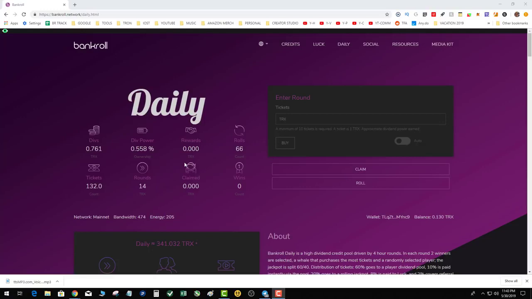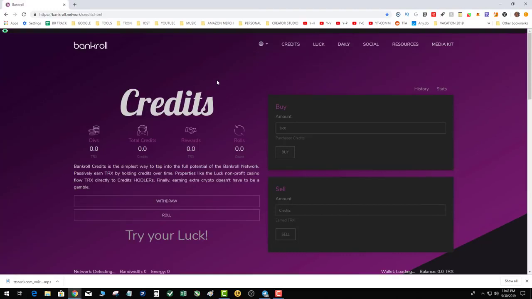As you know, the backbone of the entire Bankroll network is credits. Credits are the HODL gang DApp div that pays divs out daily in TRX. That has some other characteristics, which are covered in the credits full tutorial, but today's tutorial is focused on the daily.